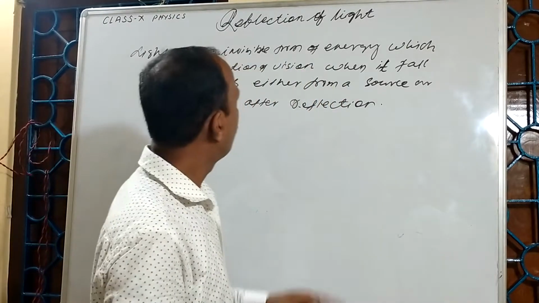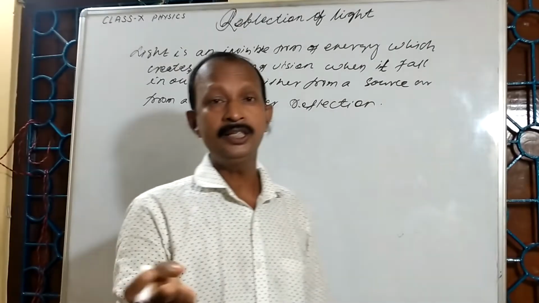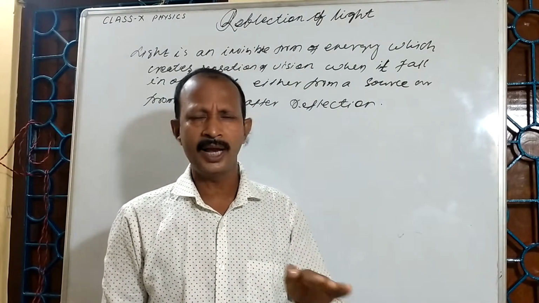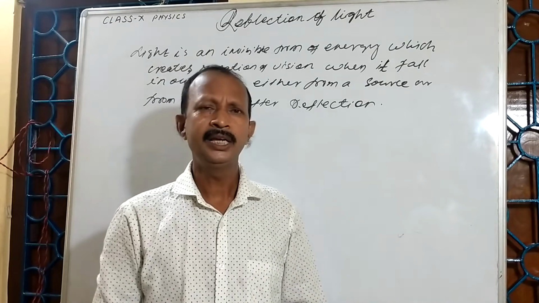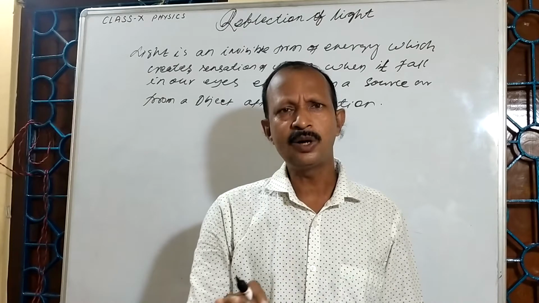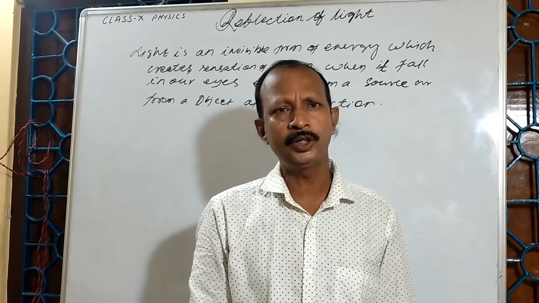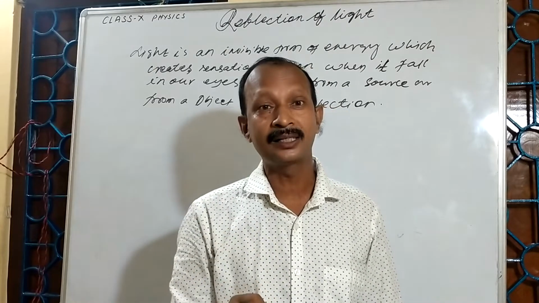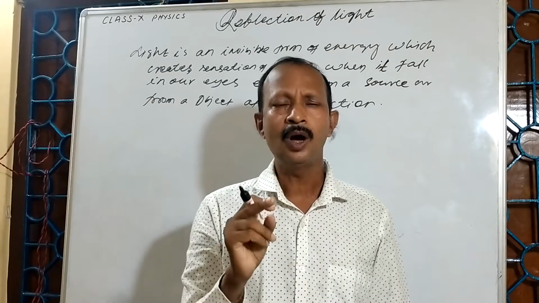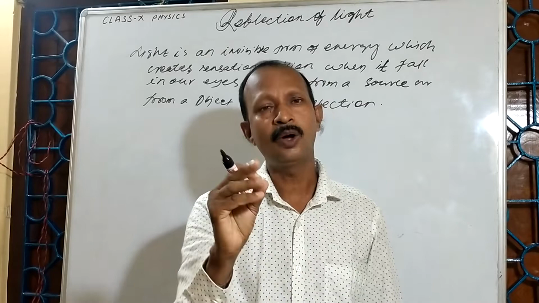So I have written that light is an invisible form of energy. Generally, students feel that we can see light. Actually, we cannot see the light. Consider space, where the atmosphere is not there. It is completely vacuum. It is completely dark, because there are no particles to scatter or to reflect the light.